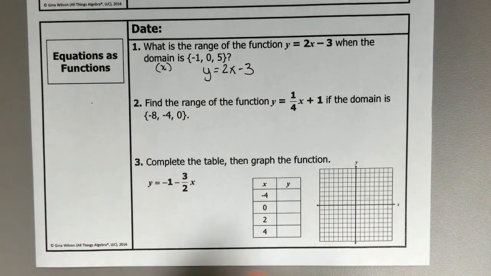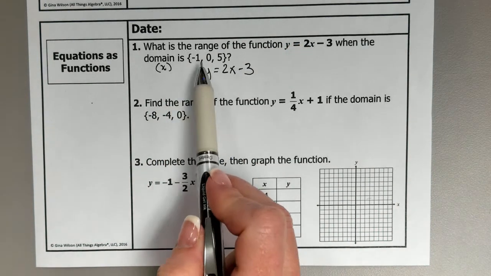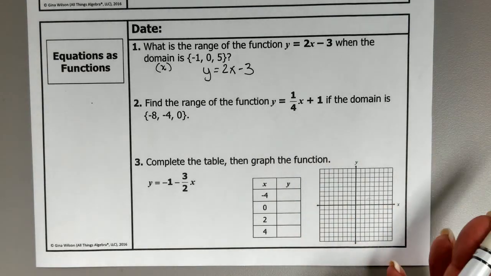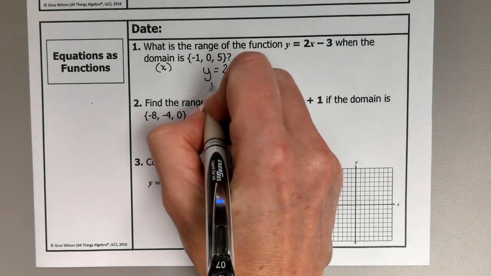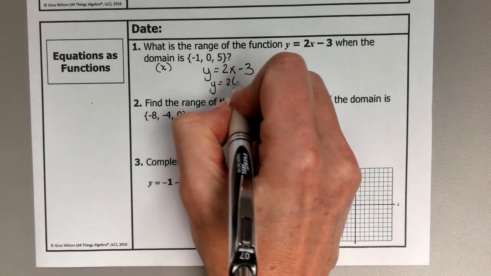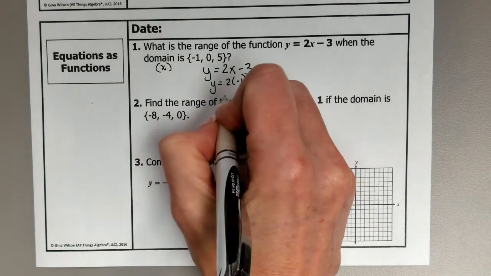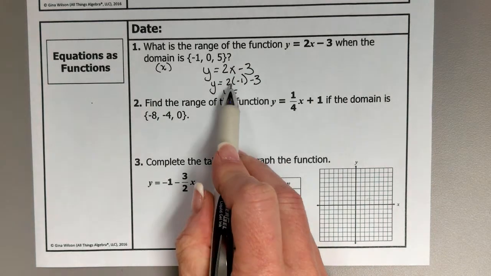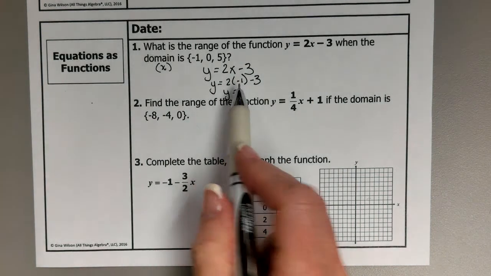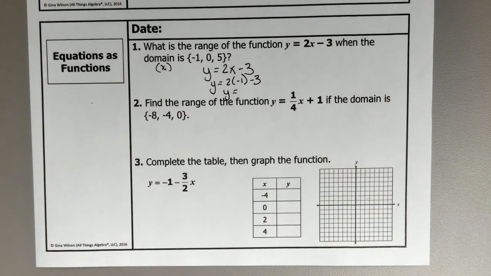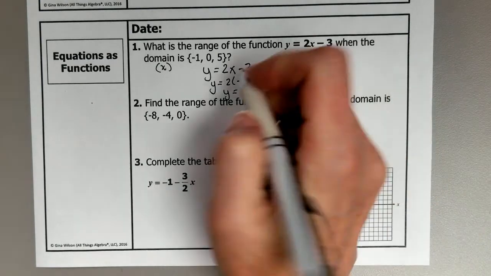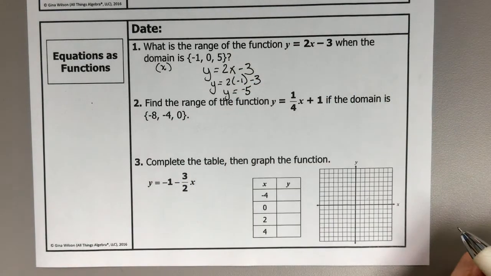And they're just saying, okay, if you plug it in, if these are your inputs, what's going to be your outputs? So I'm going to take each number and plug it in to solve it. If I do 2 times -1, I get -2, and -2 minus 3 is -5.